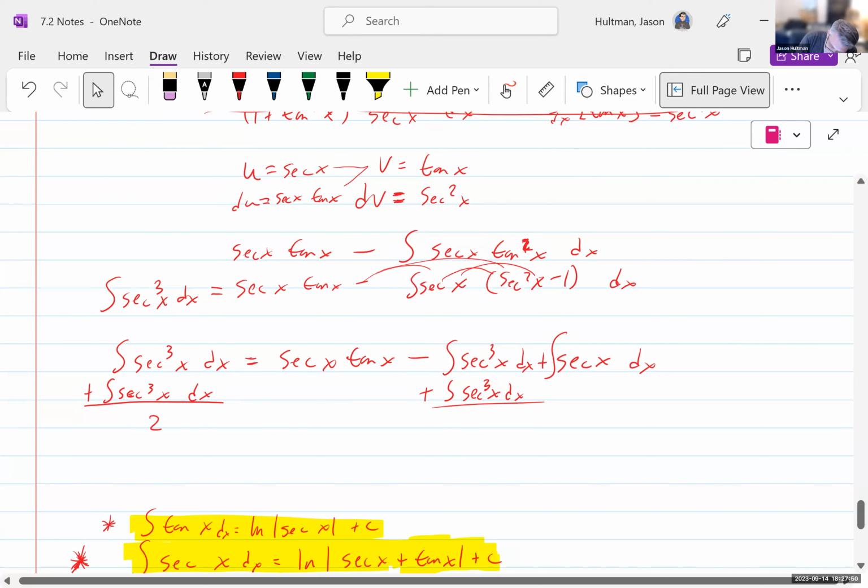That gives me 2 times the integral of secant cubed x dx is equal to secant x tangent x plus the integral of secant x. But what was the integral of secant x? We just proved that. Natural log of secant x plus tangent x plus c. So now all I have to do is divide by 2.